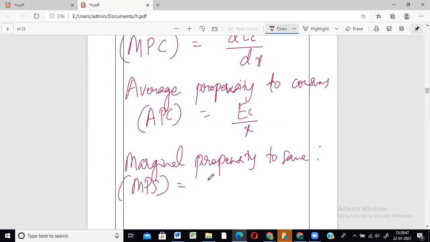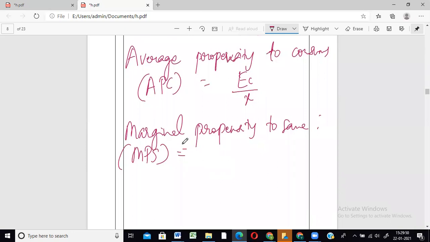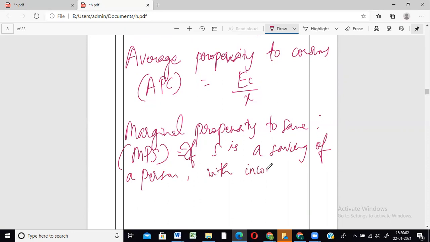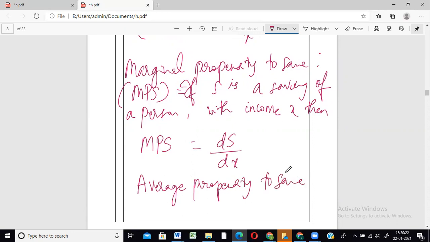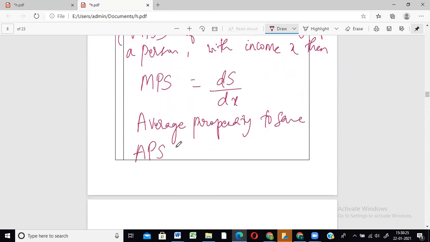If S is the saving of a person with some income X, then marginal propensity to save, MPS, is equal to the derivative of savings with respect to X. Now average propensity to save, APS, you get S by X. Okay.